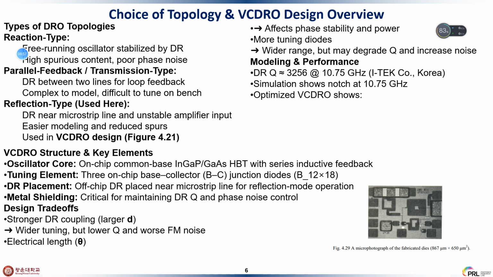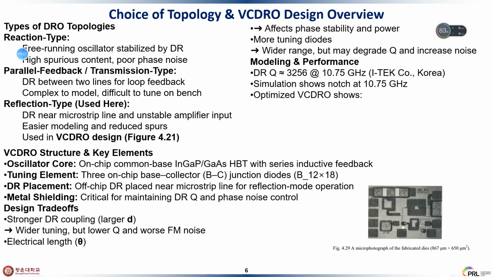And the reflection type is what we used here. It's like the DR near the microstrip line, and it's an unstable amplifier input. It's the VCDRO design, and it's easier to model and reduces the spurs.